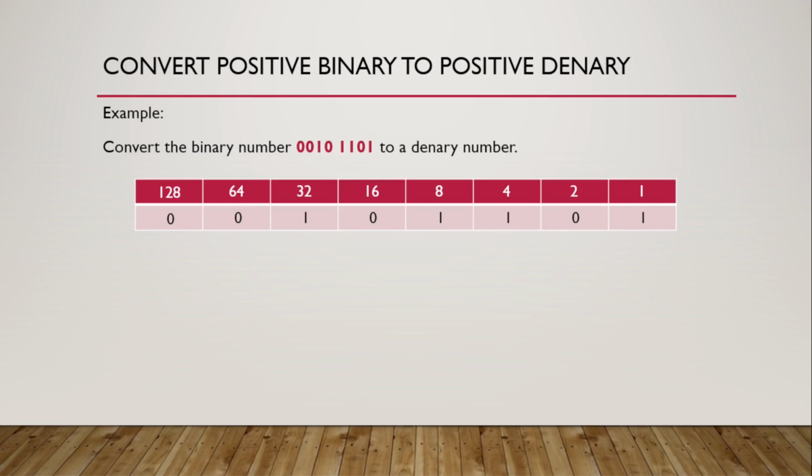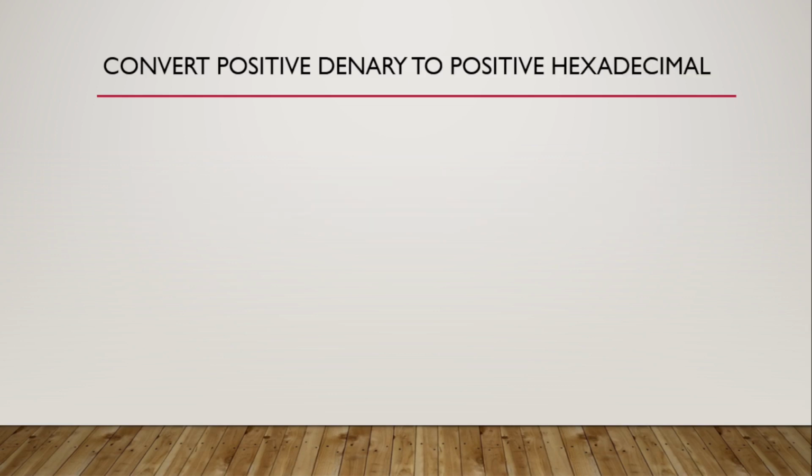The first place value that we are going to identify is 32. And we add 32 to the next place value, which is 8. And the next is 4. And the last one is 1. So, adding these together will give us the value 45.